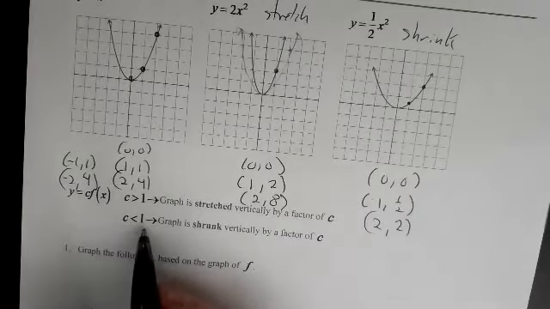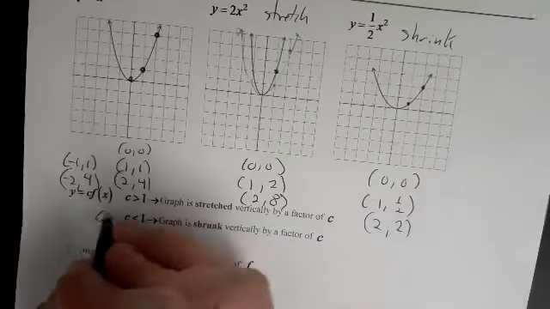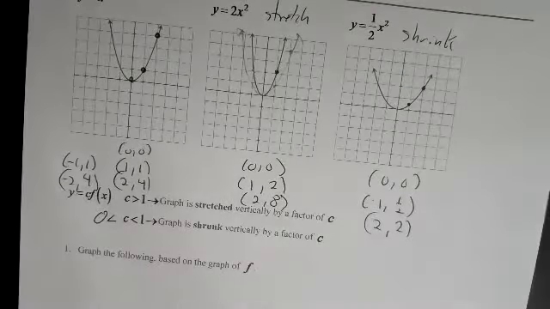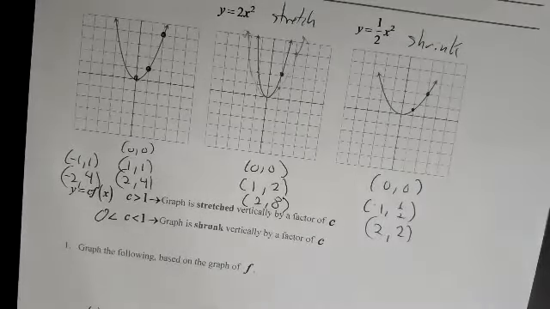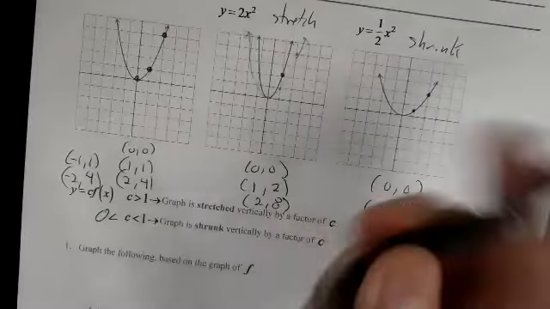Then they say c is less than 1. And what they really mean is a positive number less than 1, because the negatives are going to flip it. Remember, we did that last time. The negatives are going to flip it about something. So what they really mean is that you have some number between 0 and 1, so you have some sort of fraction. Take any fraction, like a half, or 3/4.